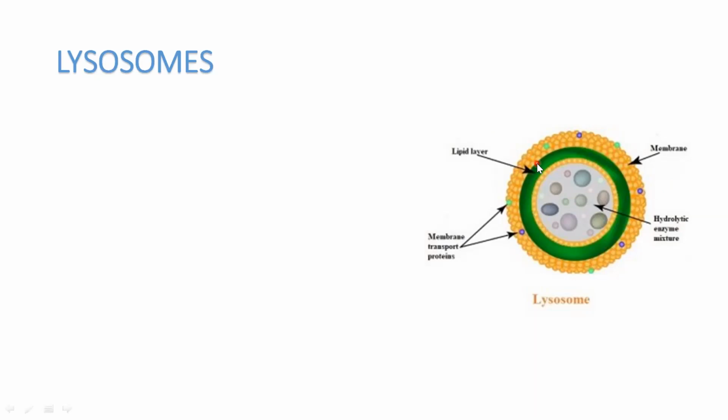Okay, I will go a bit slow so that you people can write. What is this hydrolytic? Hydro means water, lytic means breakdown. So with the use of water, these hydrolytic enzymes will break nucleic acids, proteins, as well as lipids or any other molecules.